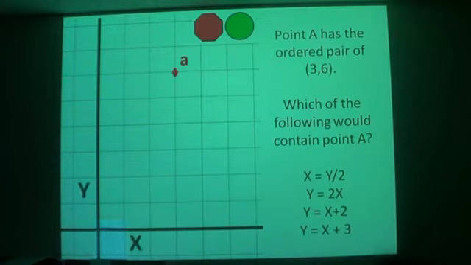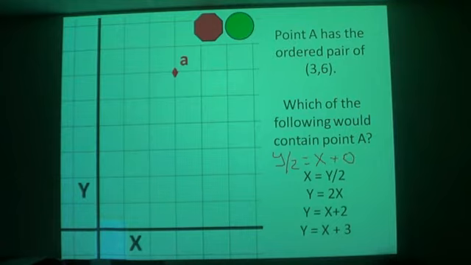You can simply come in here and say, all right, I can rewrite x equals y halves to be y halves equals x plus 0.